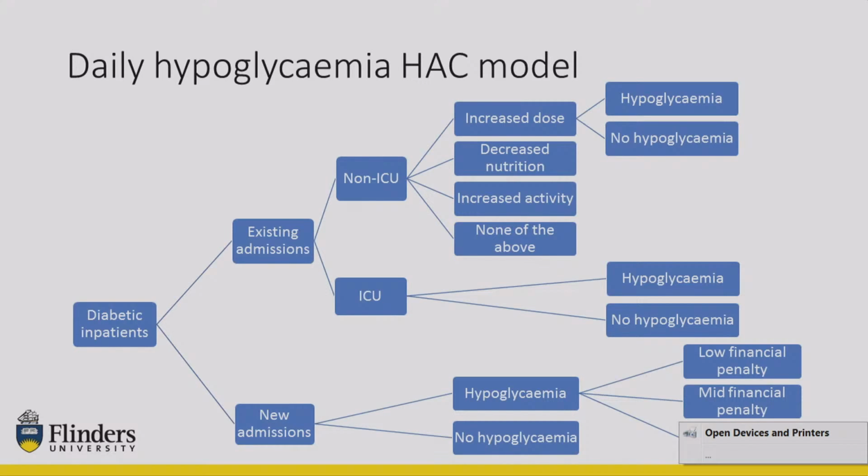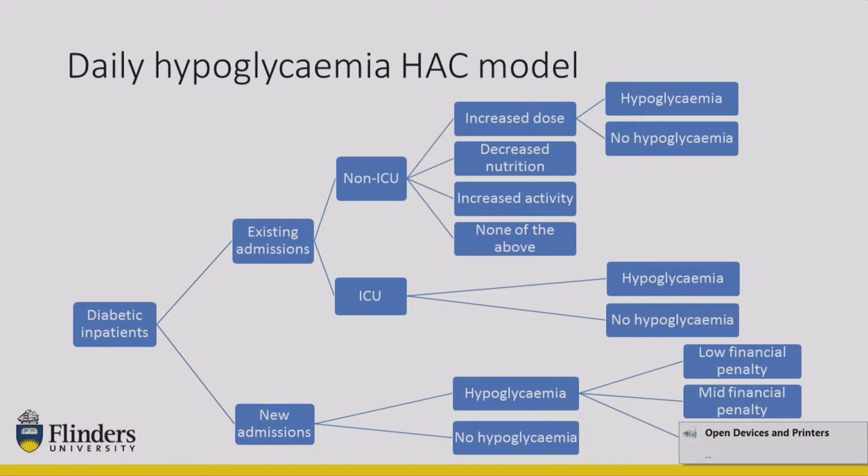And so here, our model is describing the occurrence of events each day, or on an average day, within Flinders Medical Centre, for example. And so we've again got our diabetic inpatients. We're splitting them up into those that are newly admitted, because we hypothesize that on admission, as patients are adjusting to being in hospital, they're at increased risk of hypoglycemia.